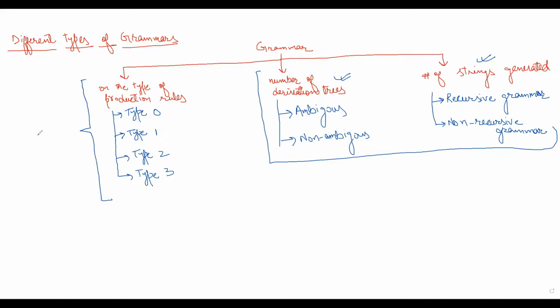And this classification is also called Chomsky hierarchy. Okay. So on the basis of type of production rules, grammars are divided into the following 4 categories: type 0, type 1, type 2, and type 3 grammars. So let's discuss these different types of grammars individually.